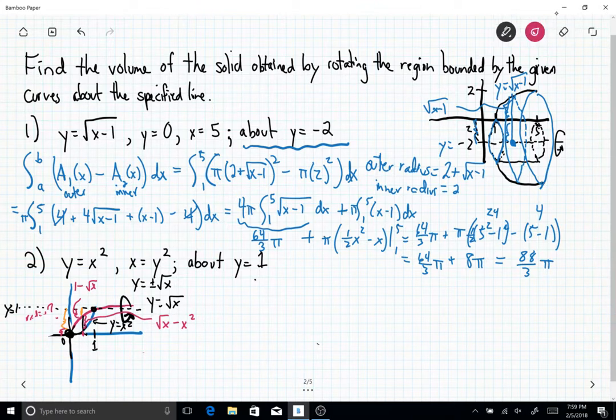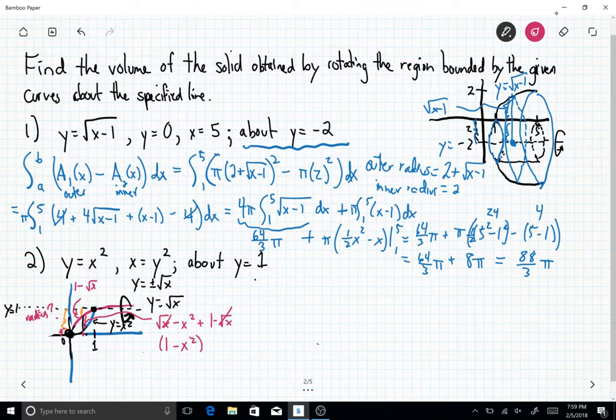The radius that we needed is basically this distance, the square root of x minus x squared, right, plus that 1 minus square root of x. So an easier way for us to have written that for that first radius would have been, the square root of x cancels, we would have had 1 minus x squared.